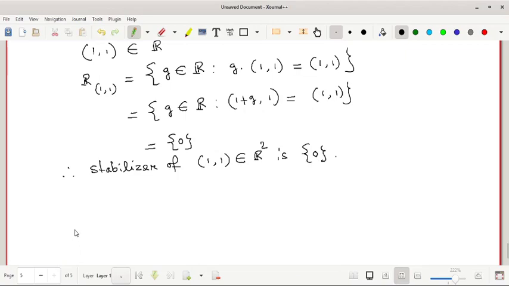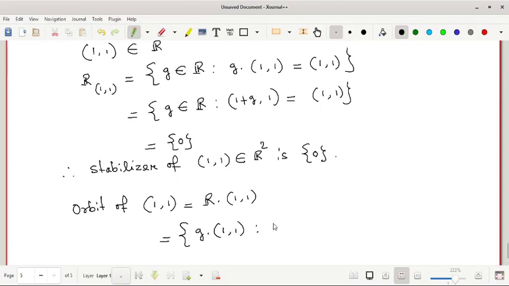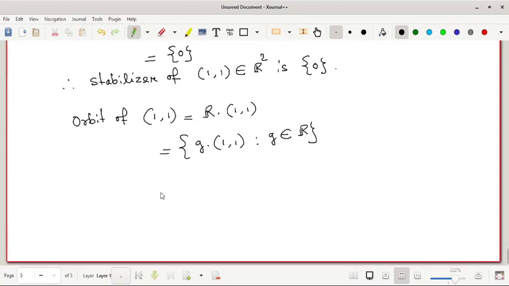What will be the orbit of (1, 1)? The orbit of (1, 1) equals R dot (1, 1), the set of all g dot (1, 1) such that g belongs to R. What is this?